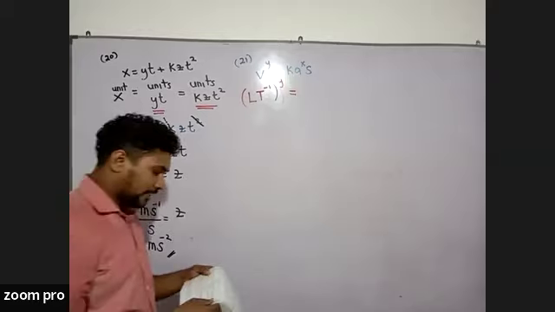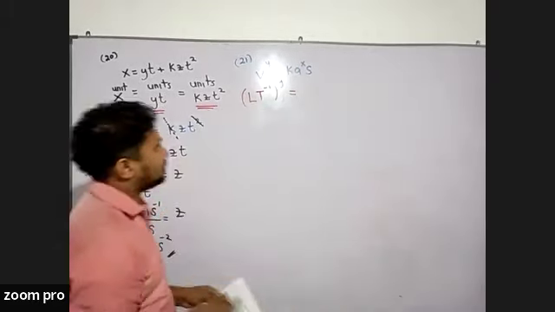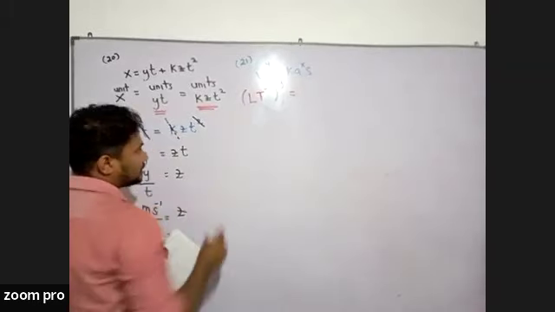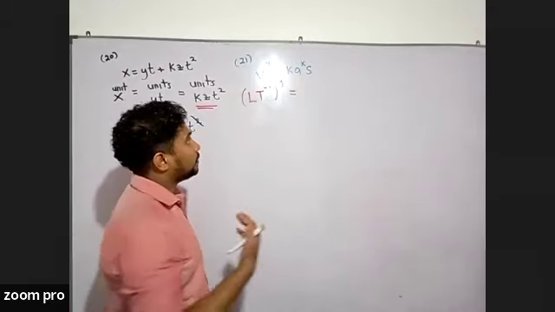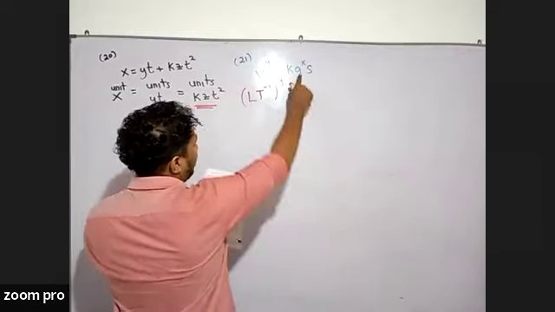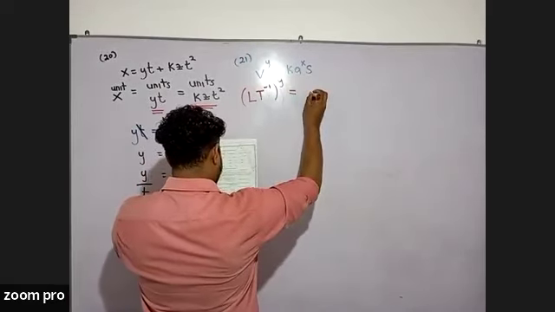There's a small mistake in this question, so you can't obtain the correct answer, right? So here, k is a dimensionless constant. That means we don't need to worry about the k when obtaining the dimensions, right?